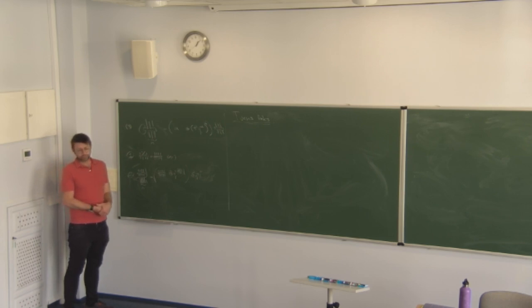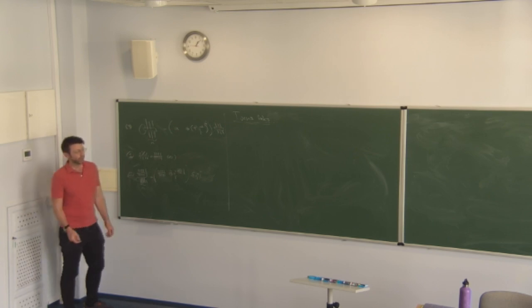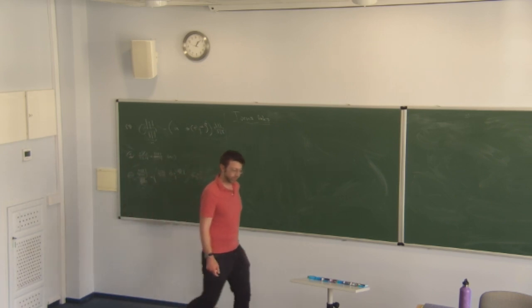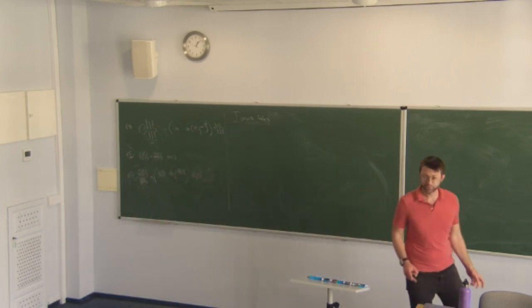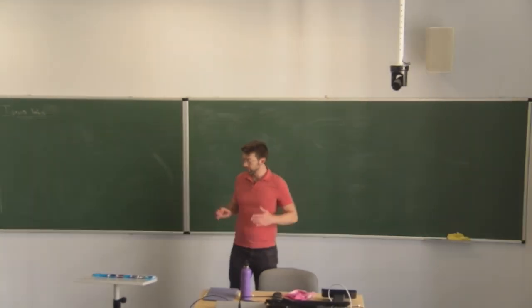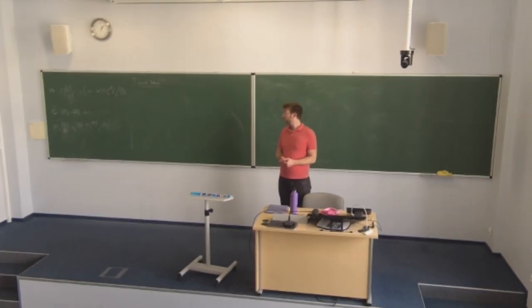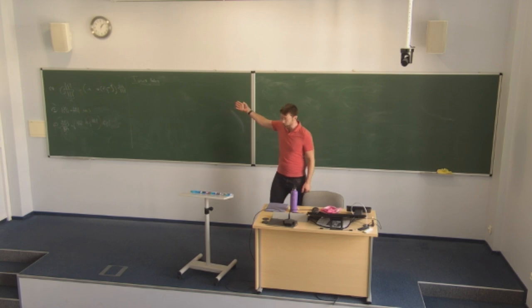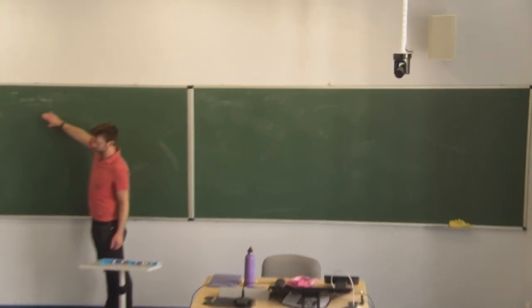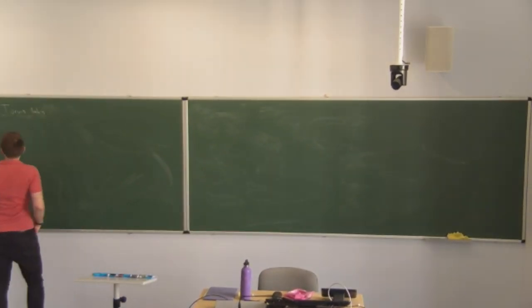I'm not sure of the best way to motivate these sorts of things from a physics perspective, and I might leave that to other people, but I just want to say there were many reasons for us to consider this family of links. Anyway, so what is a torus link?